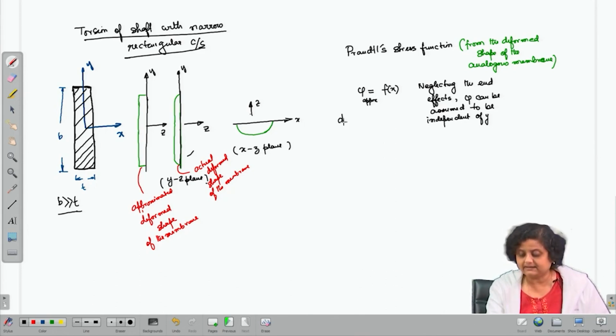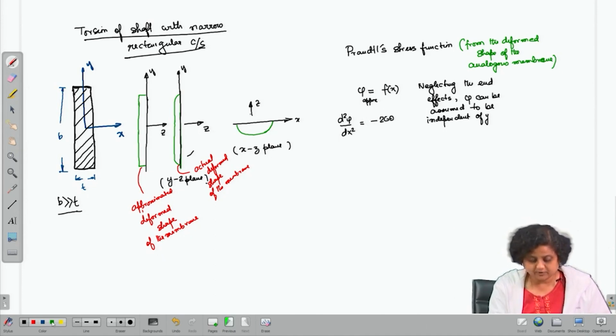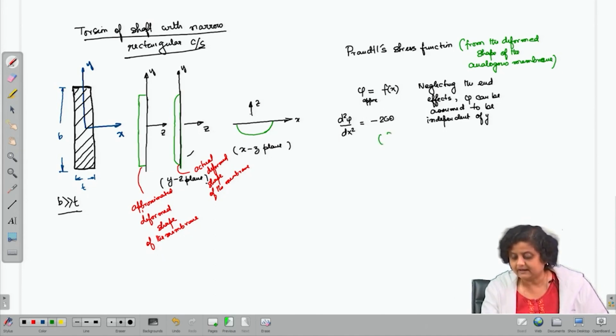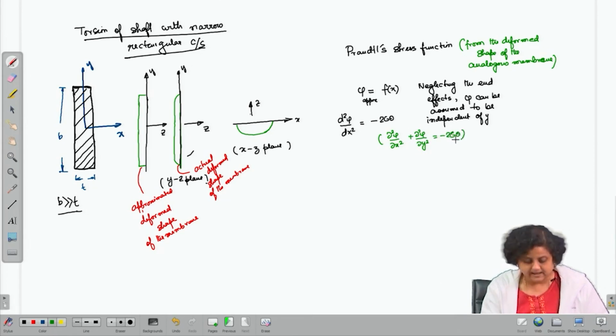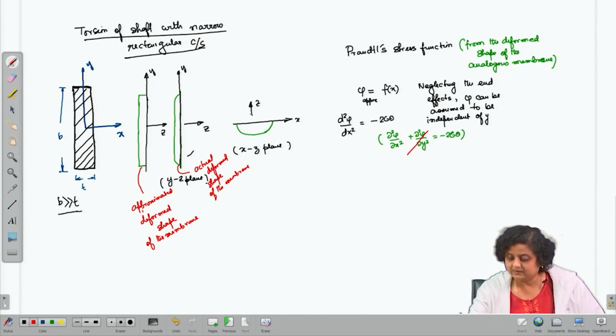Since it is just a function of x, we can say that d2 phi by dx square is equal to minus 2G theta. This is coming from the expression del 2 phi by del x square plus del 2 phi by del y square is minus 2G theta, and this is equal to 0 since phi is not a function of y.